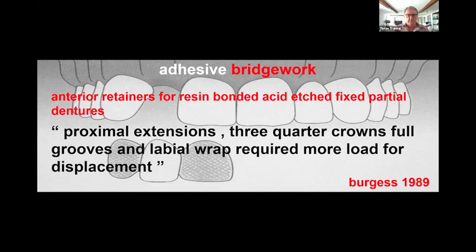However, let's put this into context now. All of these little bits of preparation that we're doing are there only in enamel. We're not doing tooth preparation deep into dentin, so it's not like a full crown preparation. So if the bridge happened to fail and it came off, then yes, there would be some grooves and recesses in enamel, but there'd be nothing in dentin.